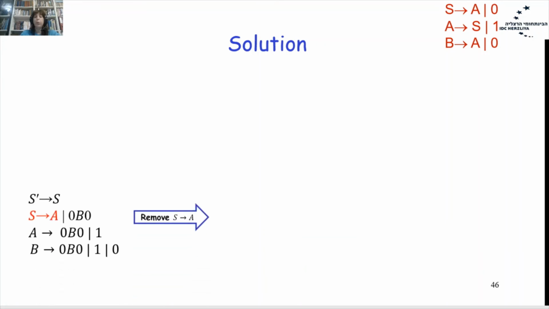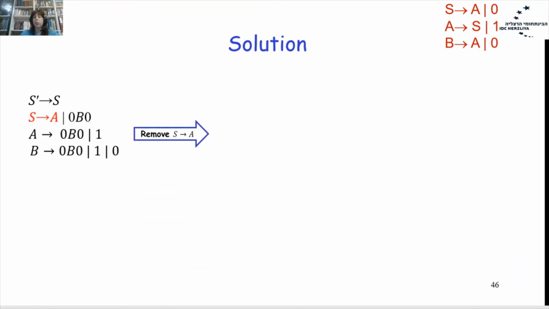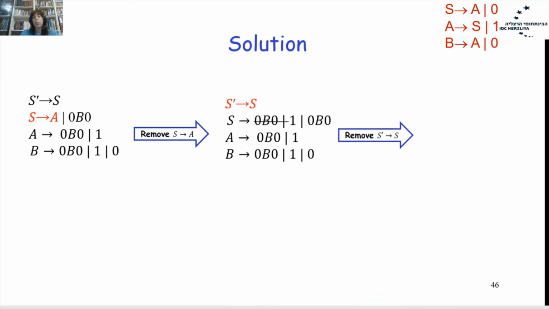The next rule we will remove is S derives A. Once again, we will replace A with its right-hand side. So we will have S derives 0B0, 1, or 0B0. Since we had the same rule twice on the right-hand side, one of the repetitions should be eliminated.